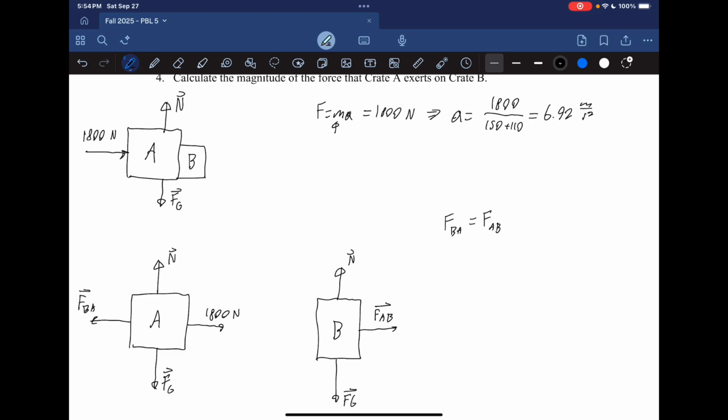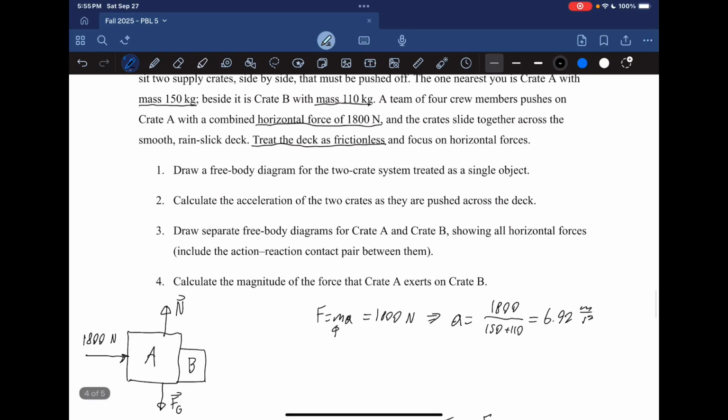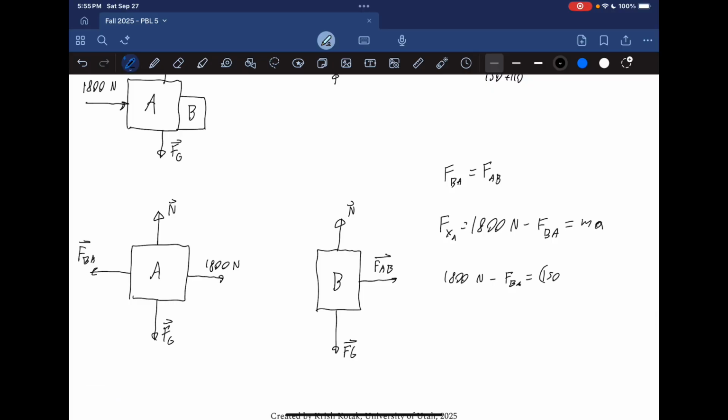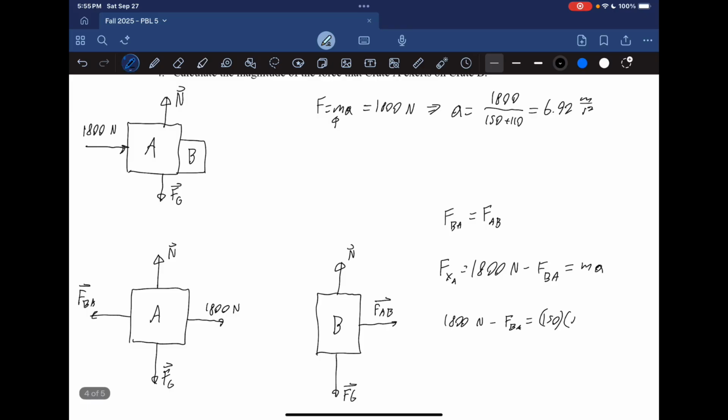The way that I'm going to do this is I'm going to take block A, and I'm going to say the net force in the x direction on block A is equal to 1,800 newtons minus the force of B on A. And this is going to equal the mass of block A times the acceleration of block A. We already found the acceleration of the whole system earlier, and since the blocks are in contact with each other, they're accelerating at the same rate, which means we can use this acceleration for block A. This means that 1,800 newtons minus the force of B on A is equal to the mass of A, which is 150 kilograms, times that 6.92 meters per second squared.